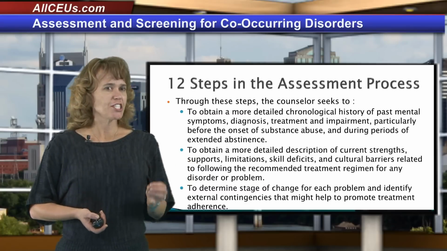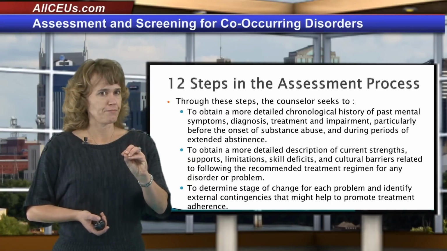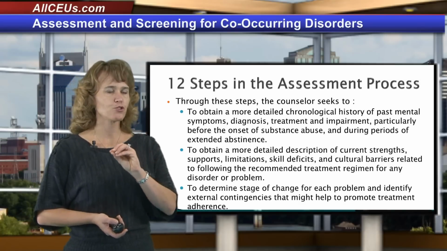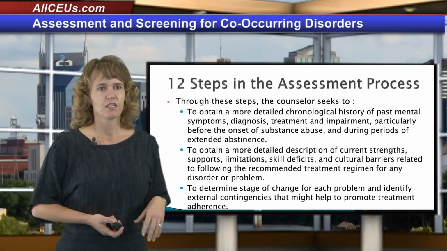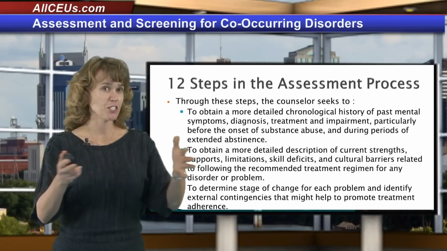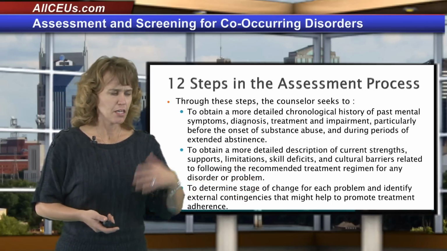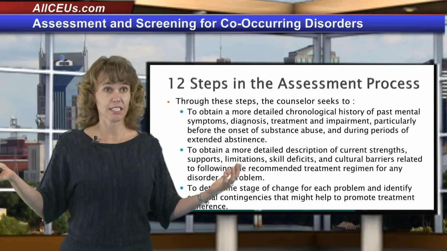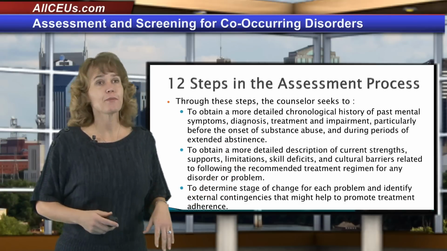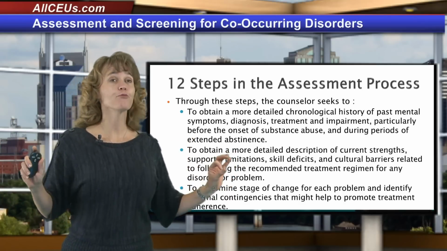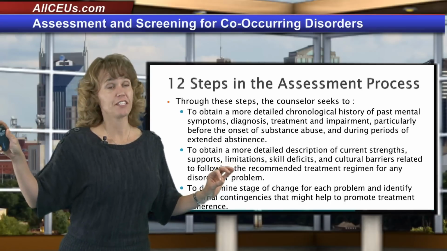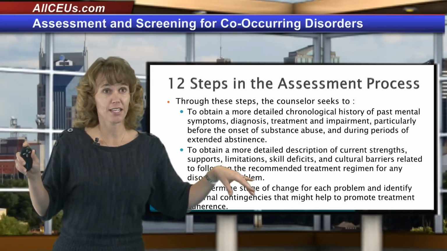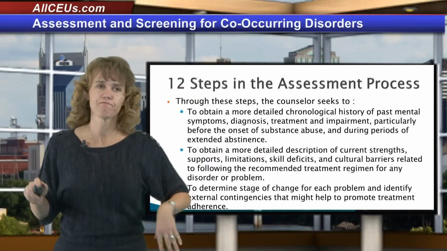To determine the stage of change for each problem and identify external contingencies that might help promote treatment adherence. So again, I said stage of change for each problem. We'll take depression, substance abuse, and marital difficulties. Well, maybe the patient is more than ready for these marital difficulties to go away because he thinks that they're making him depressed and making him drink.